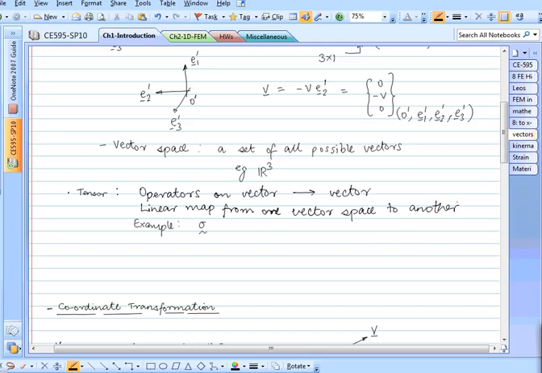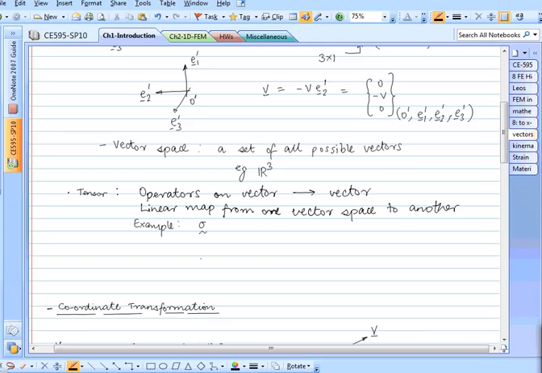So what we are essentially saying is the same thing, that a tensor is going to take or operate upon a vector to produce another vector. It is a map from one vector space to another vector space. But this is just a little more, quote-unquote, technical way of saying the same thing. The definition of the tensor is exactly right here. It takes a vector, operates upon it, produces another vector.